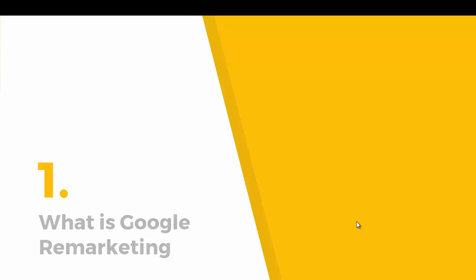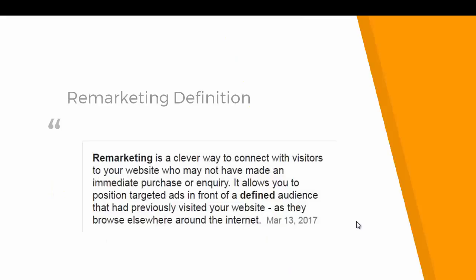Hello students, let us get started with the very first topic and understand what is Google Remarketing. From a simple definition perspective, remarketing is a clever way to connect with visitors to your website who may not have made an immediate purchase or inquiry.